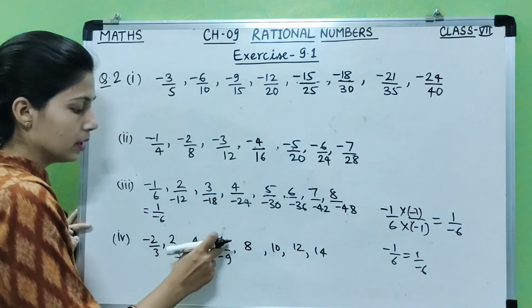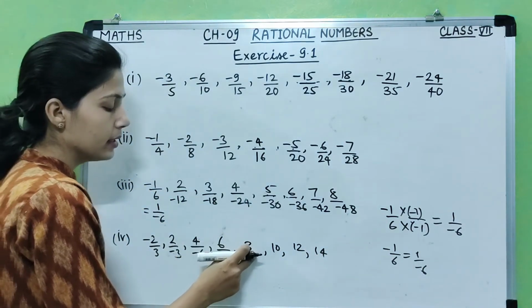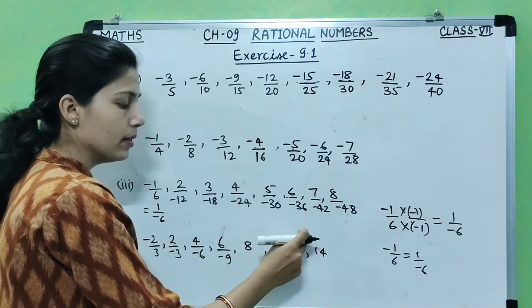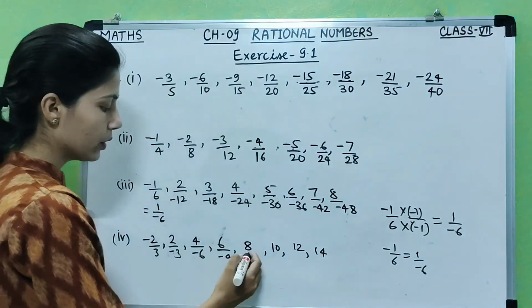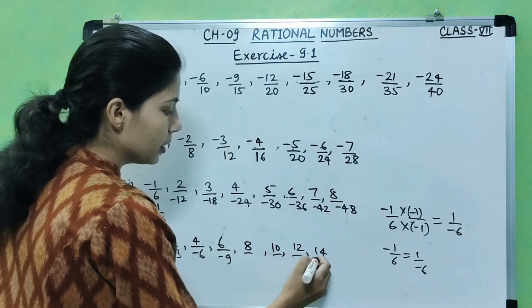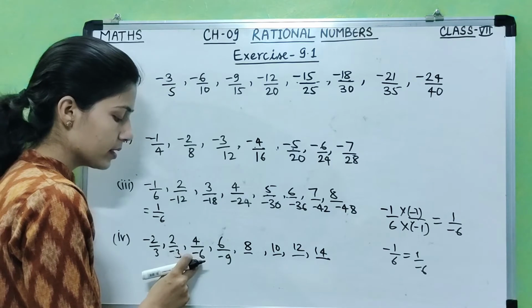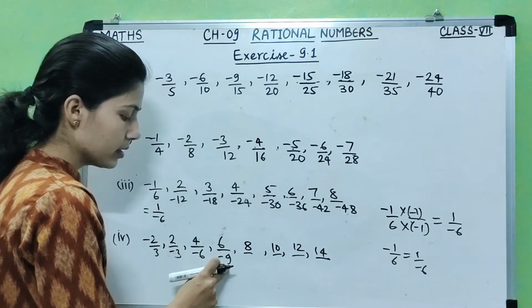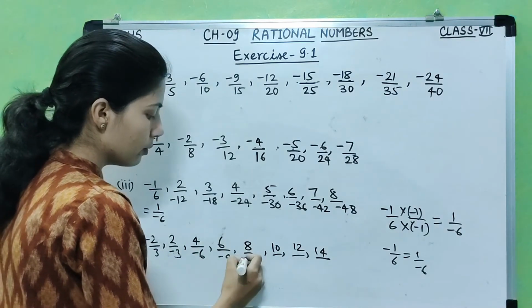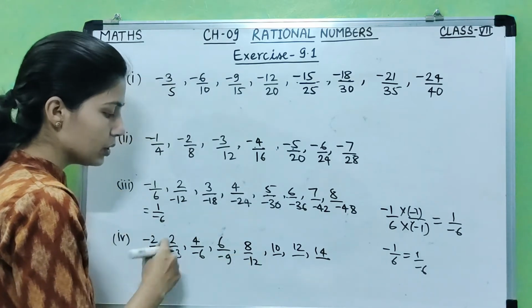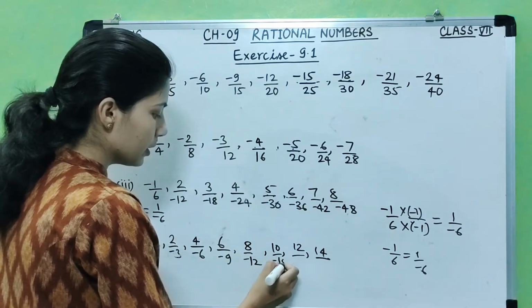Okay, 2 4s are 8, 2 5s are 10, 2 6s are 12, then 2 7s are 14. Okay, and see the denominator part. -3 into 2 is -6, -3 into 3 is -9, -3 into 4 will be -12, -3 into 5 will be -15.